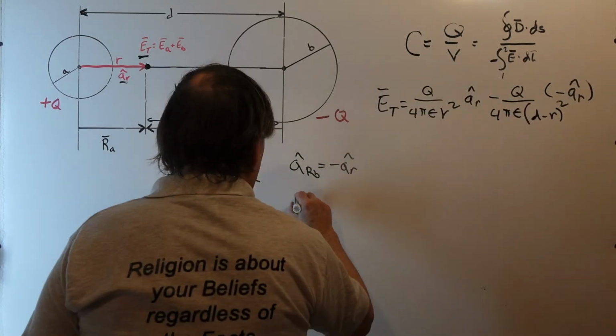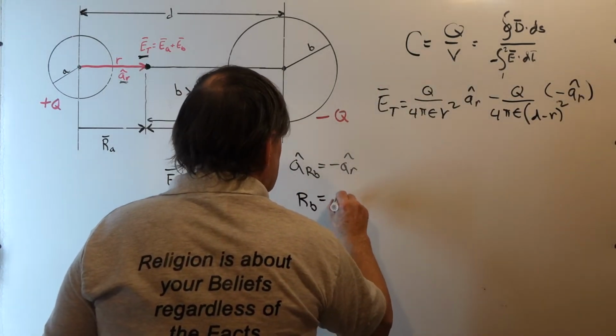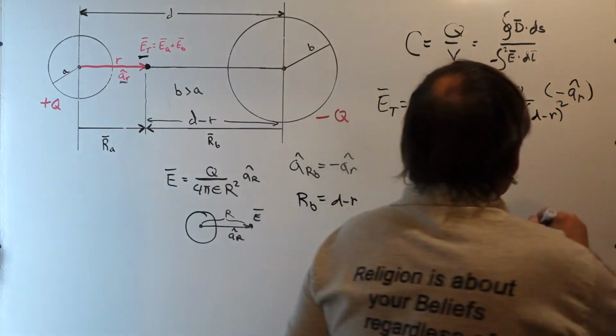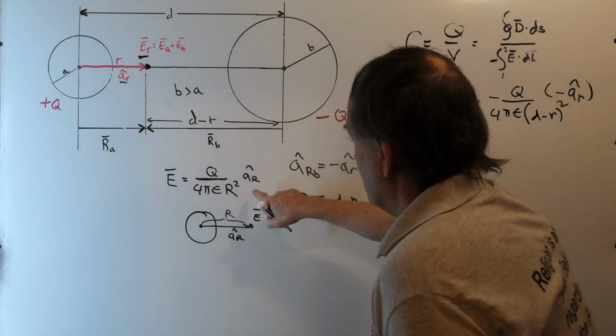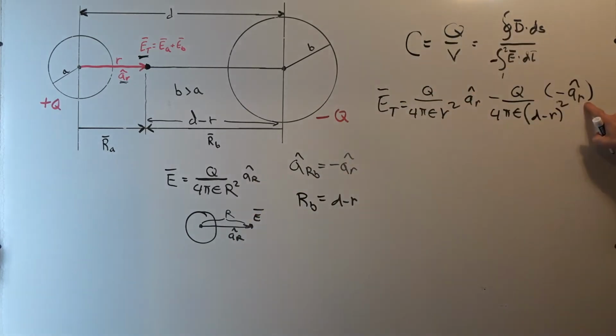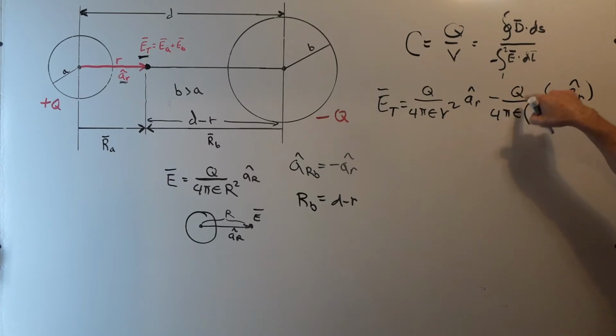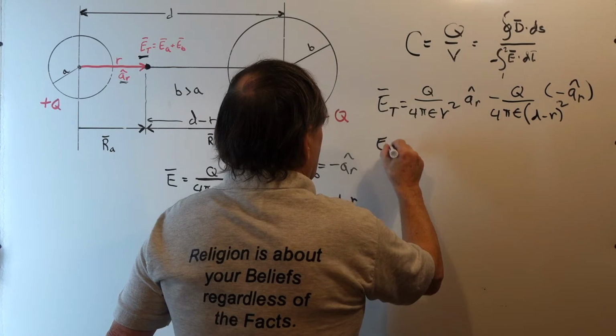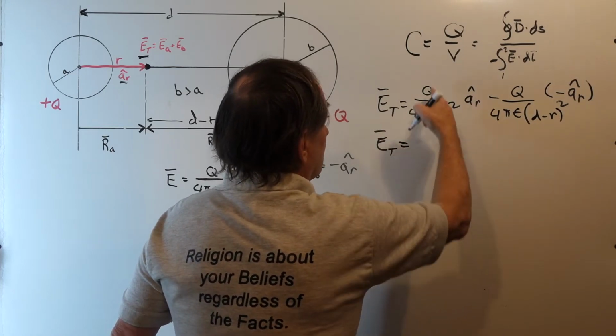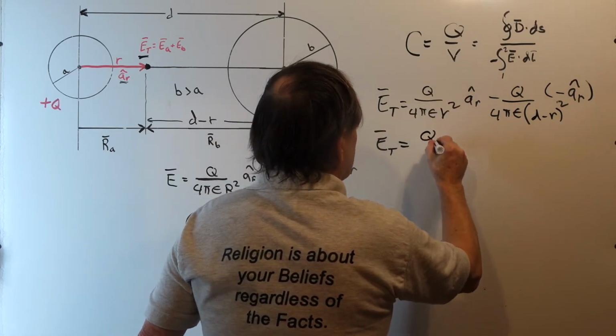Remember, RB is d minus r, so this is d minus r squared, but my radial vector outward is in the minus AR direction, so I needed to have a minus sign there. So we have a minus minus, which gives us a plus. So I can write the total field now. I'm going to factor out a Q over 4 pi epsilon.